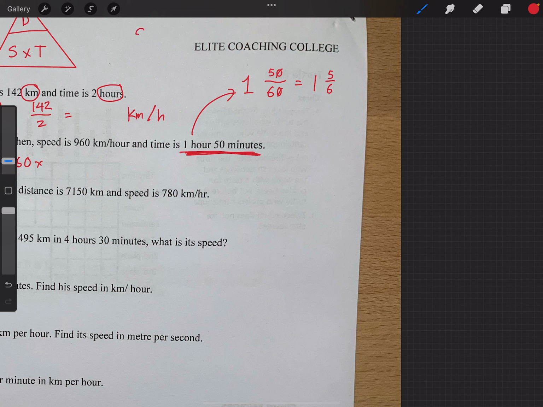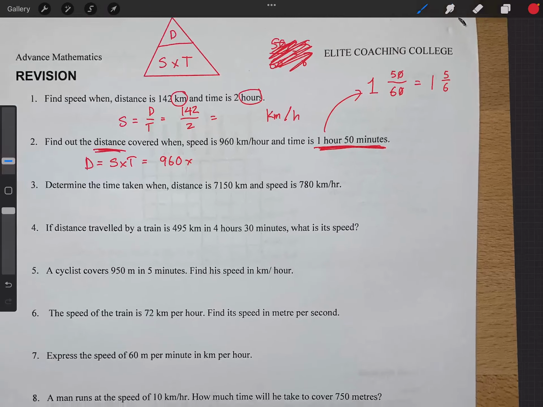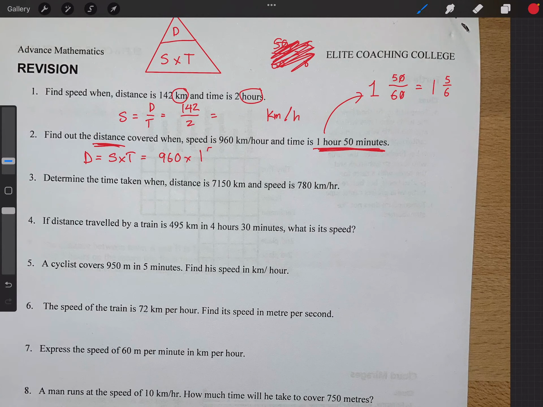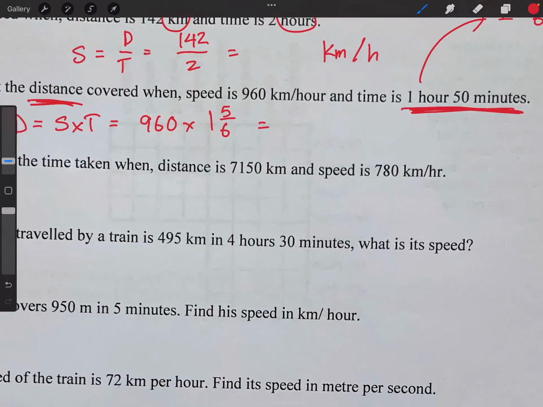Because 50 minutes as a fraction of an hour has 60 minutes. So that's just 5 on 6, okay? So that's what that is. So we're going to multiply by 1 and 5 on 6. First we turn 960 as a whole number into a fraction, put it over 1, times, now to multiply, you need this one to be an improper fraction.